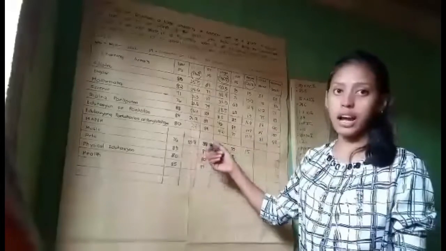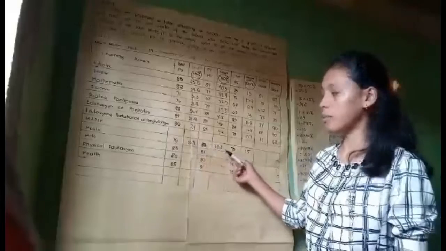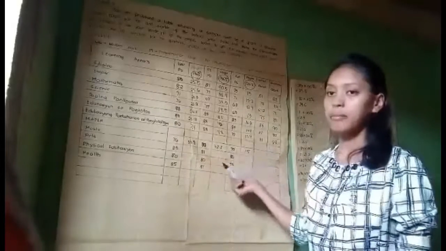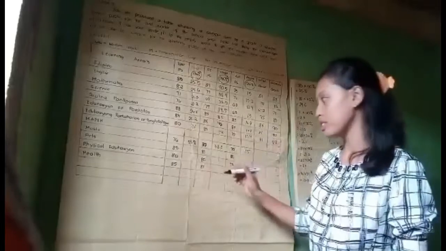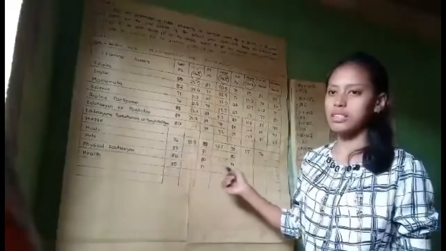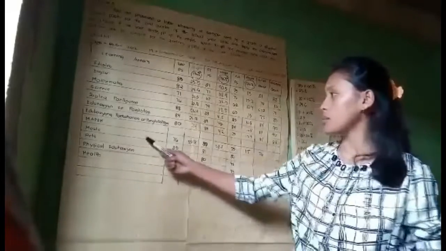Let's add these: 22.8 plus 38.5 plus 15 is equal to 76.3. Let's round this to the nearest unit. So 76. The initial grade of music is 76. So the quarterly grade of music using the transmutation is 85.